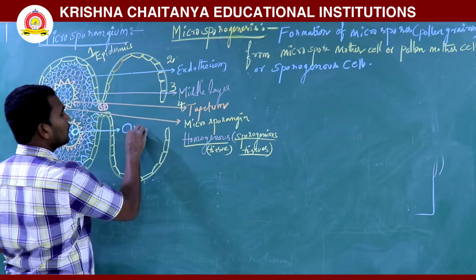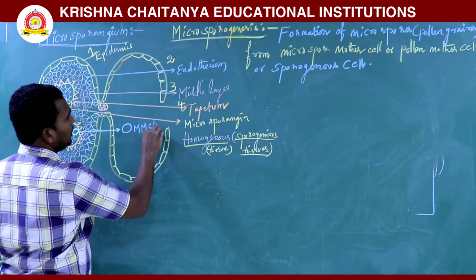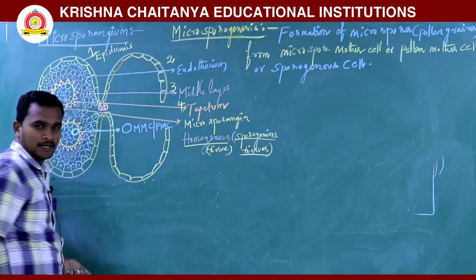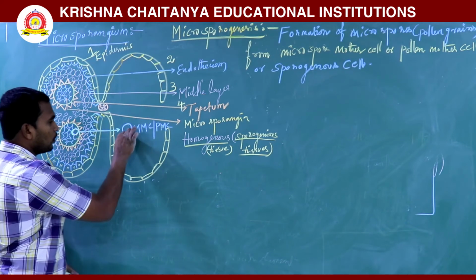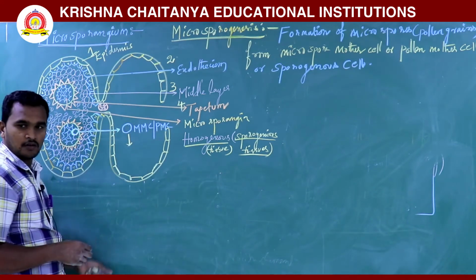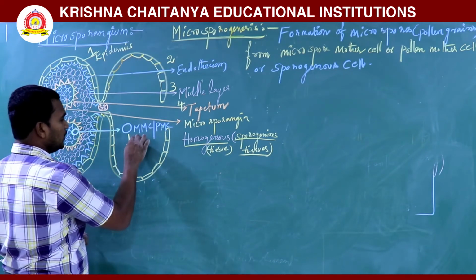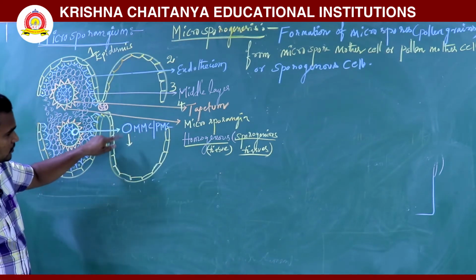That cell is nothing but the MMC, the microspore mother cell, also called the PMC, pollen mother cell. It undergoes mitosis. Okay, sorry, it is not mitosis.